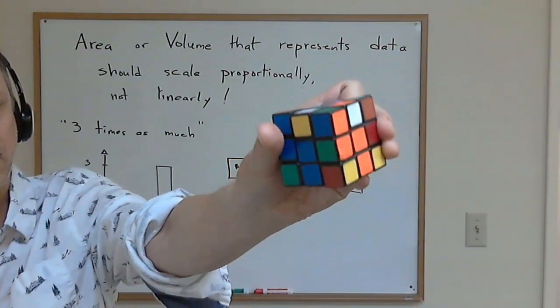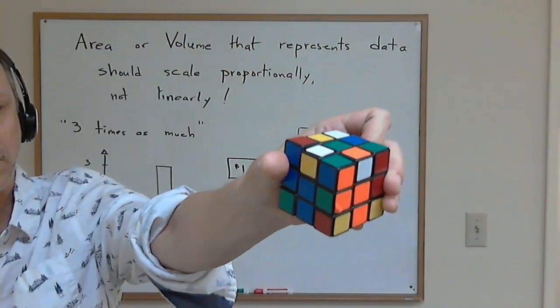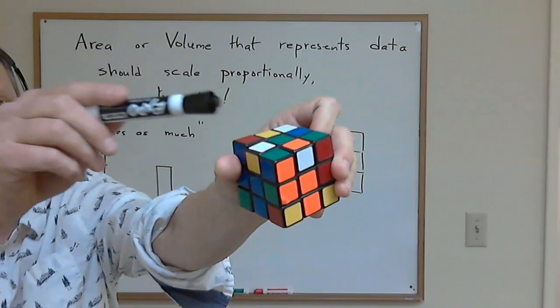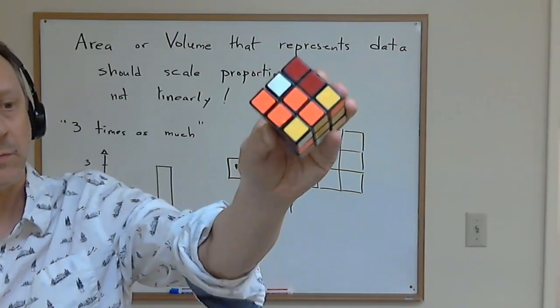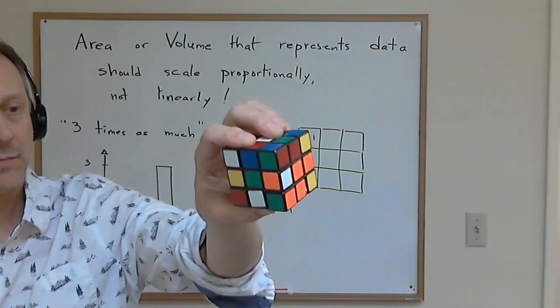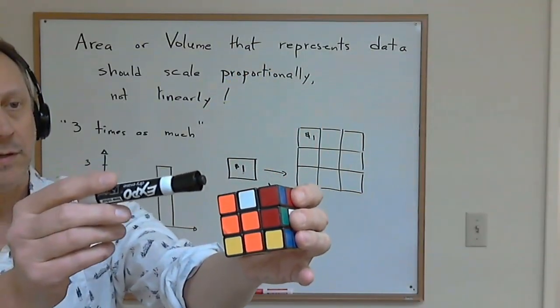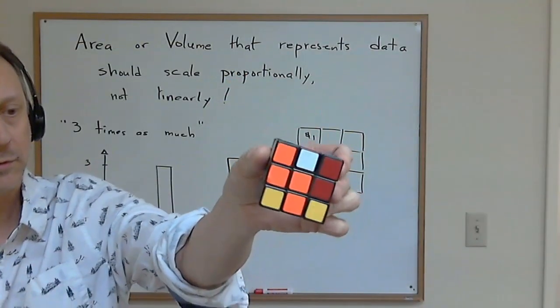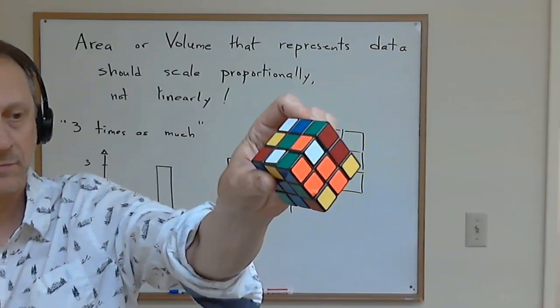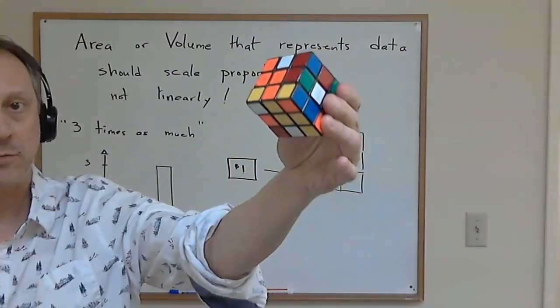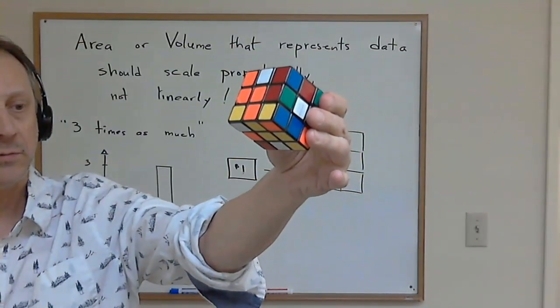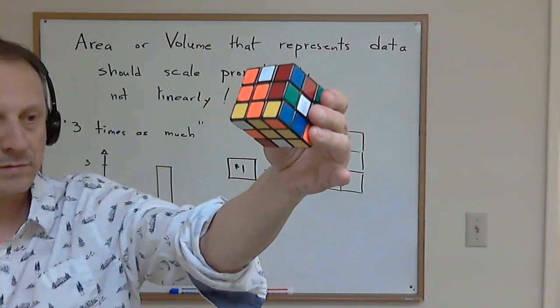So if you multiply that all out together, the volume of the whole Rubik's Cube is actually 27 times as big as the little corner cube. So if we're really using volume to represent numbers, it's okay to scale up from the small cube to the large one if you really mean to say that you're multiplying by 27. But if you're trying to say that you're multiplying by 3, then this would be very misleading because you're really producing 27 times the volume.